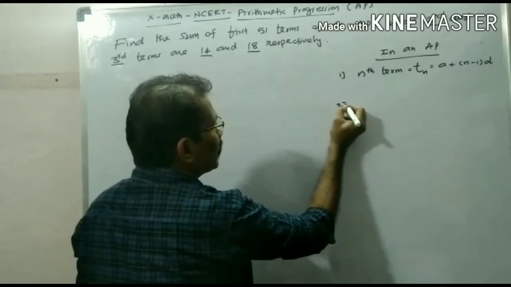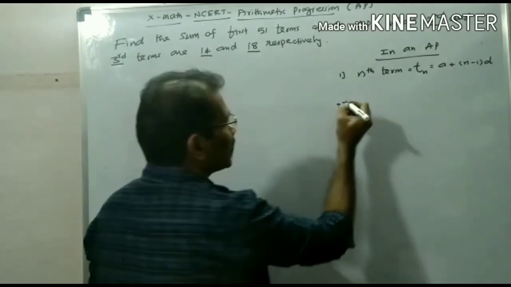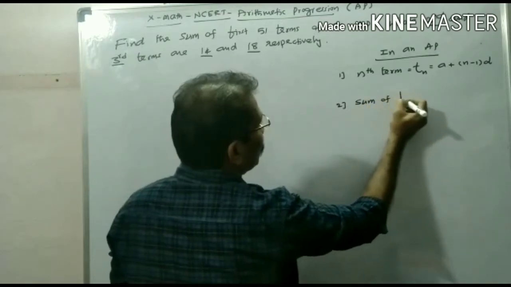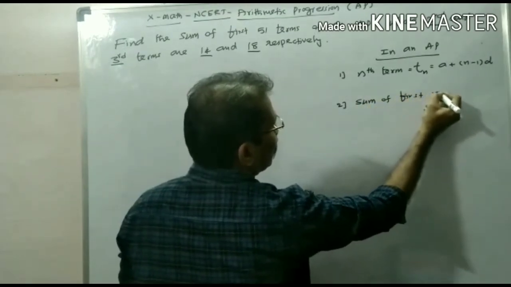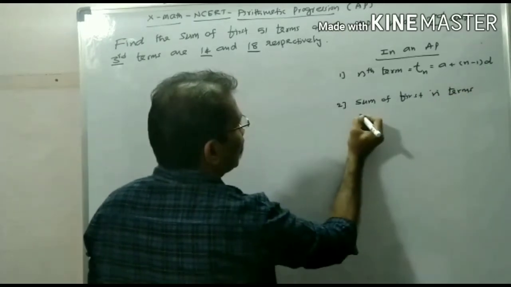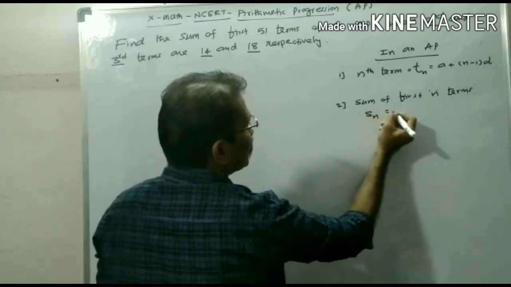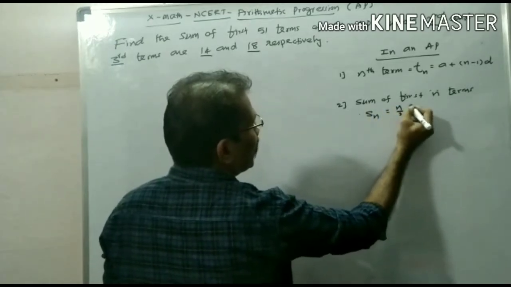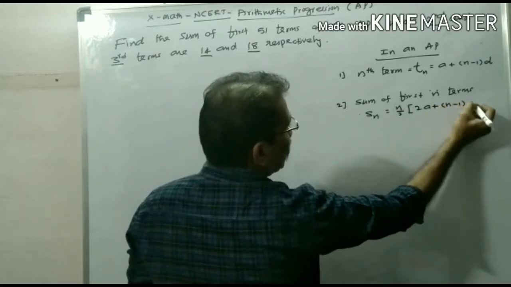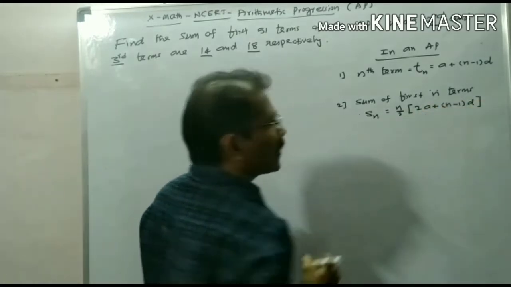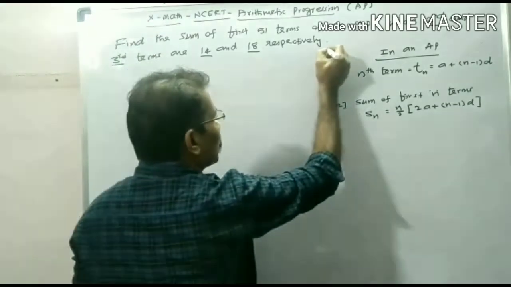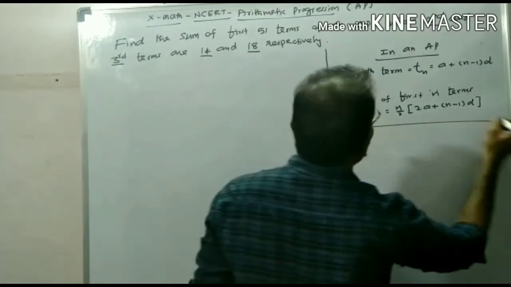And the second one is the sum of first n terms, that we write Sn, which is equal to n by 2 into 2a plus n minus 1 into d. So these are the two formulas we are going to use to work out this question. So make a note of these two formulae.